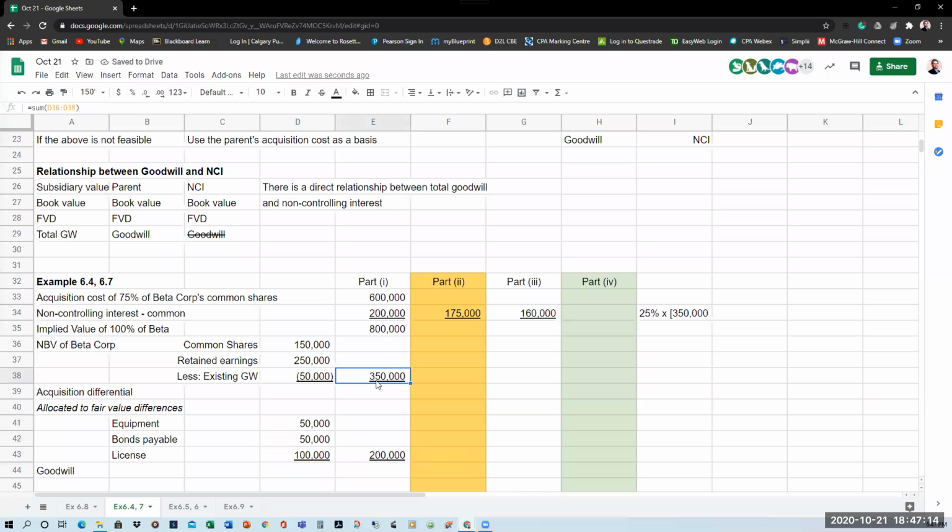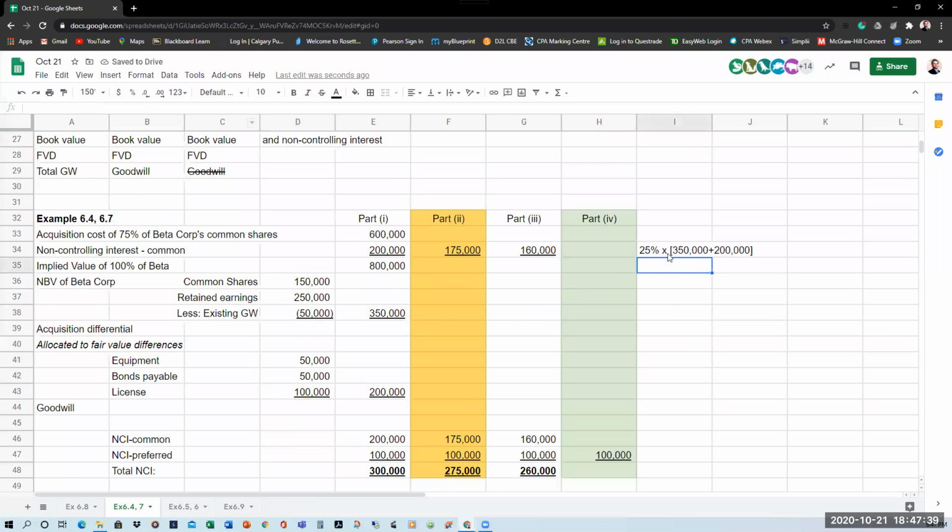So 350,000 is the net book value. 200,000 is the fair value differences. And remember, under identifiable net assets, non-controlling interest will get their share, so 25%, of the net book value, which is 350,000, and the fair value differences, which is 200,000.